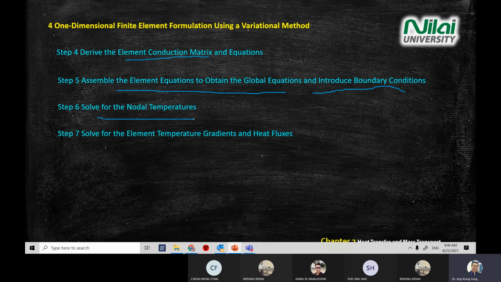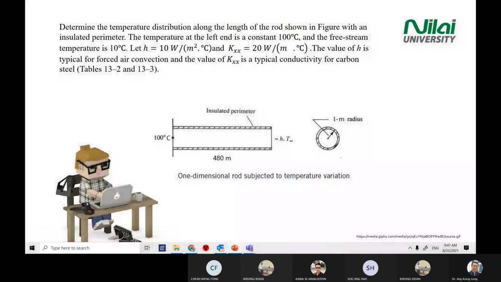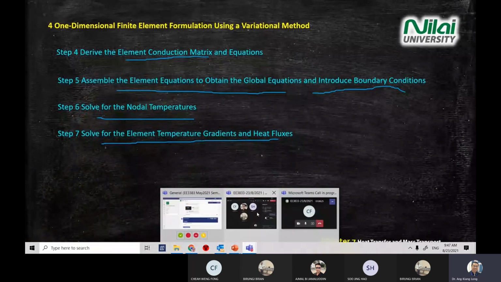You get the temperature. After that, you solve for other remaining parameters. So this one is the same as the previous chapter, only now you focus on temperature alone. So we look at this tutorial in the next class. We stop our lecture here.